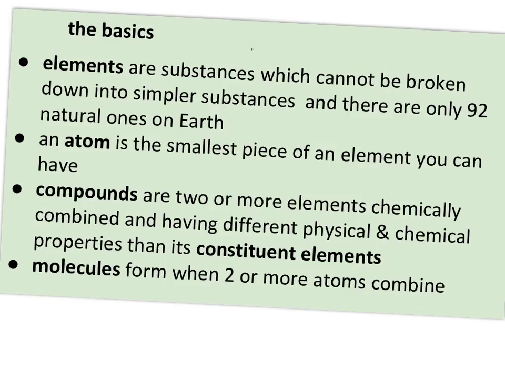What that means is when you put sodium and chlorine together, sodium chloride is totally different than either sodium metal or chlorine gas on its own. Molecules form when 2 or more atoms combine, and this may be an element in the case of H2 or O2, the diatomic gases, or it may be a compound such as CO2 or H2O.